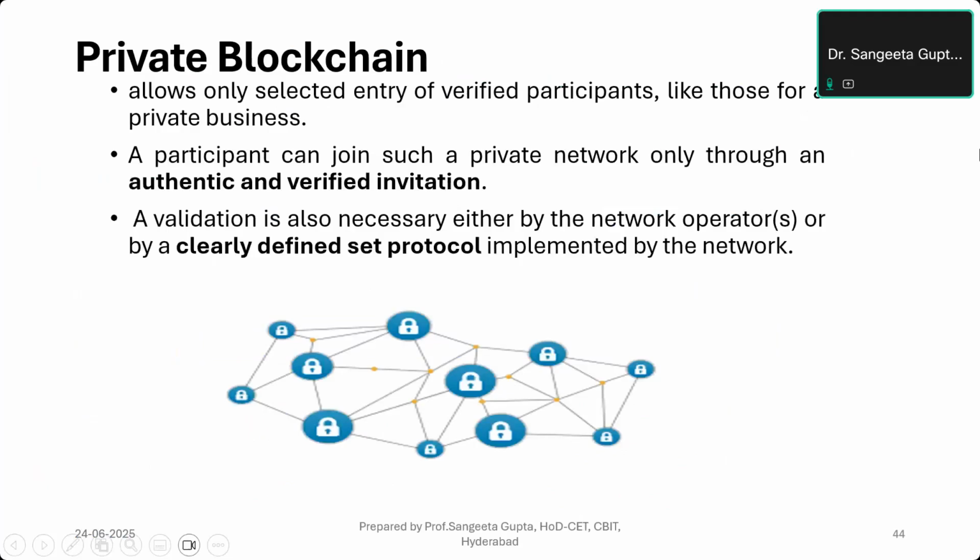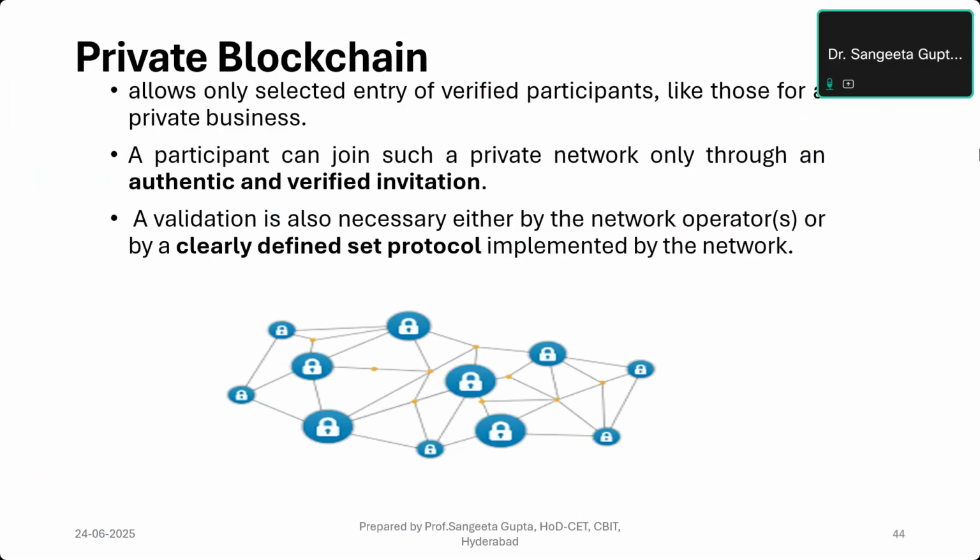Coming to the second category of blockchain, we have a private blockchain. Unlike public blockchain, in this one, the users do not have freedom to connect to the network without their identity verification, and though they are connected, they cannot be assured access to the entire network. Hence, a participant will be able to join such a private network only through an authentic and verified invitation.